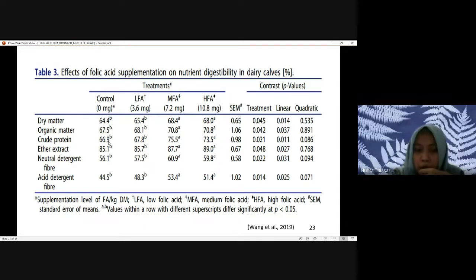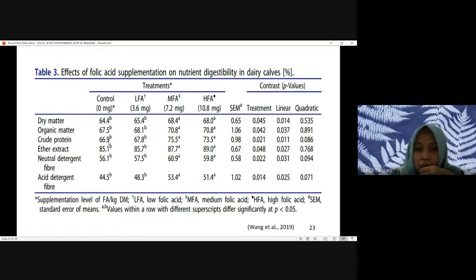From my previous explanation, I saw some of the tables.